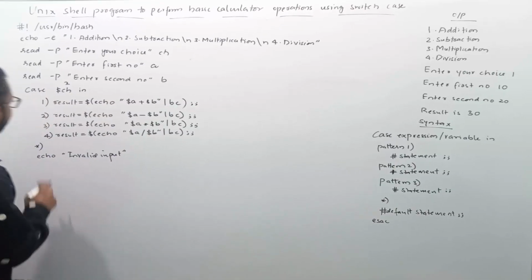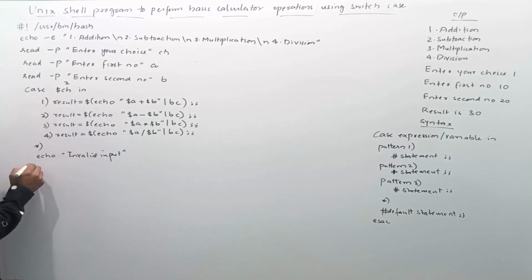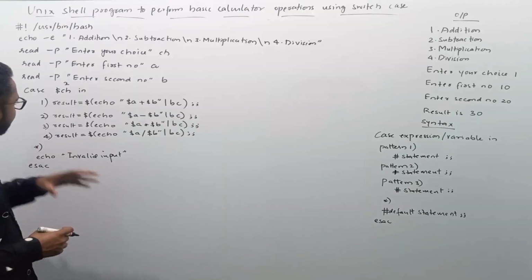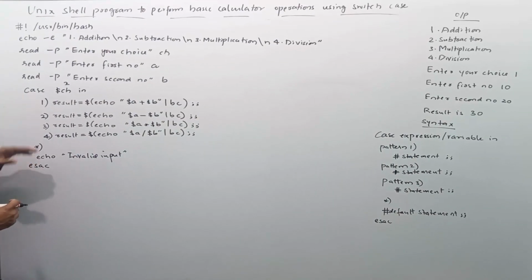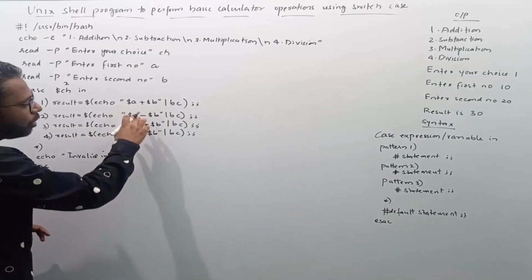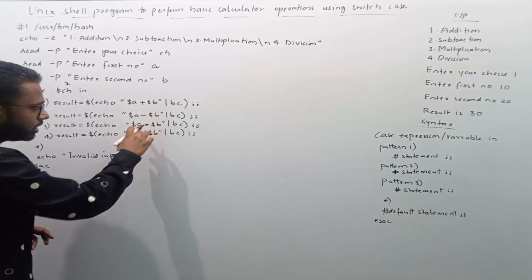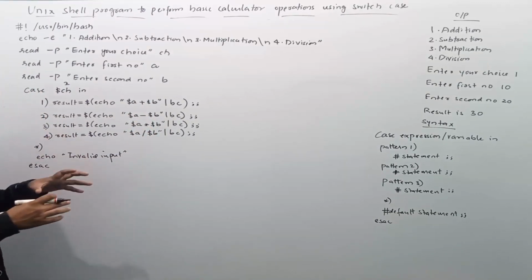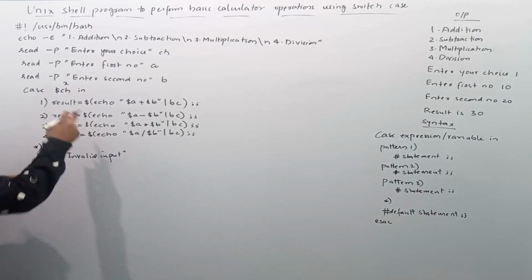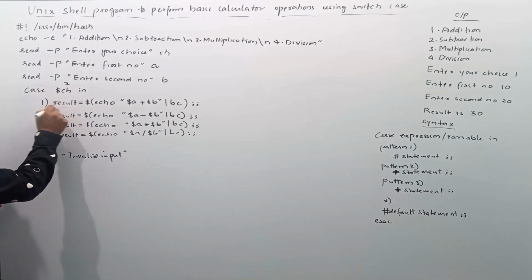Then I need to close this case with esac. Now you can see I have closed the case and I have also performed various operations like addition, subtraction, multiplication and division, and the result gets stored inside this result variable.